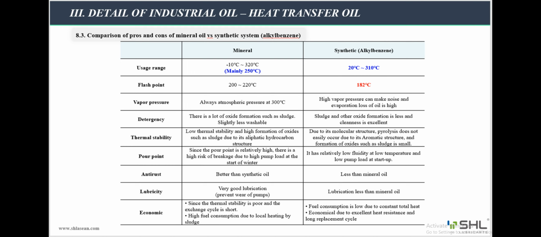Besides, the heating capacity of synthetic oil is better than that of mineral oil, with low fuel consumption due to little change in total heat, and it is economical due to excellent heat resistance and long replacement cycle, while mineral oil has poor thermal stability, short exchange cycles and high fuel consumption due to local sludge heating.